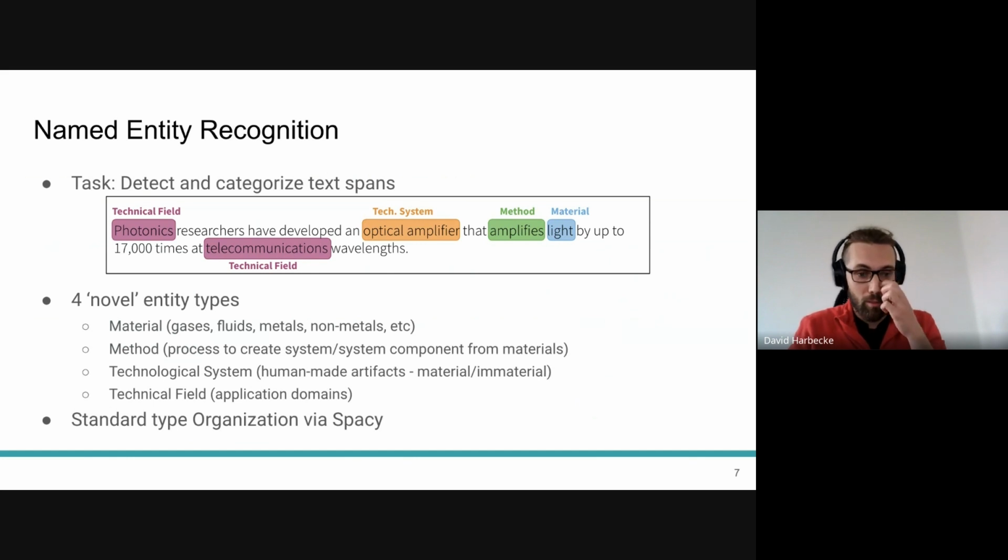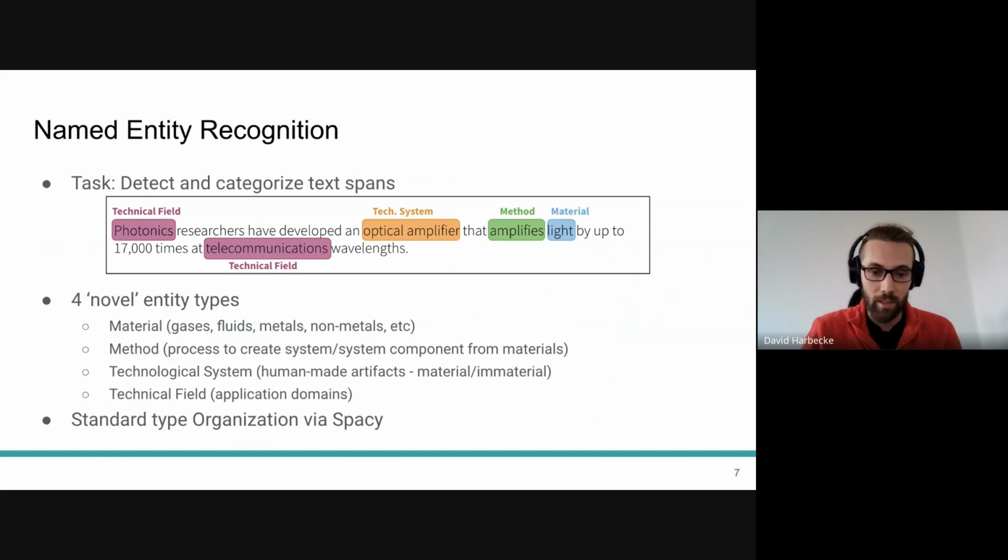For our project, we decided on 4 entity types, some of which are sometimes seen in text, but usually these are unusual types. Material is easy to understand.